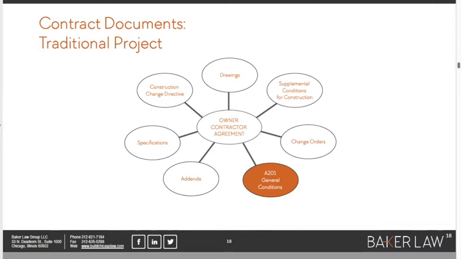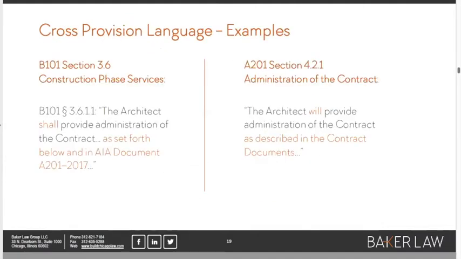That's the reason why whenever I negotiate a B101 owner-architect agreement, even though the general conditions is very much a part of that document in terms of setting out the architect's rights and obligations, I never adjust the A201, right? When I negotiate an owner-architect agreement, we just worry about the owner-architect agreement. We refer to the standard off-the-shelf A201 general conditions, and we leave it at that until there's a contractor in the mix, okay?